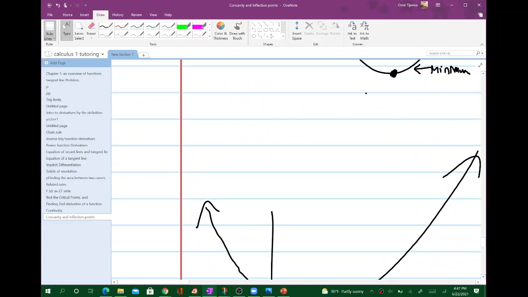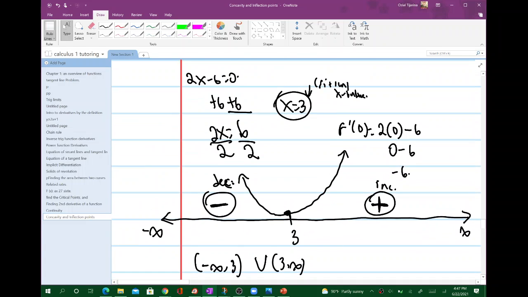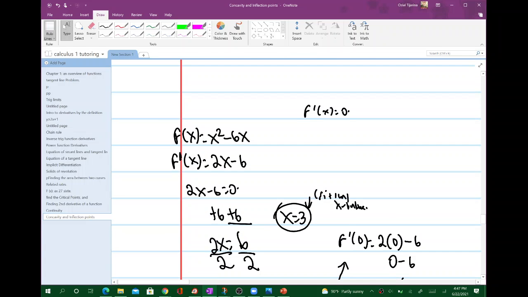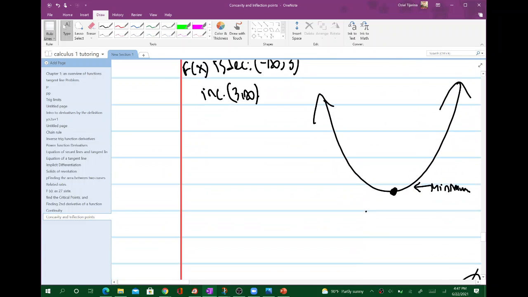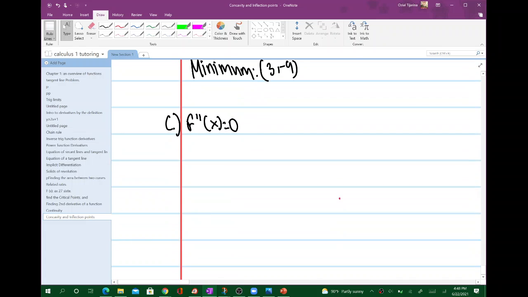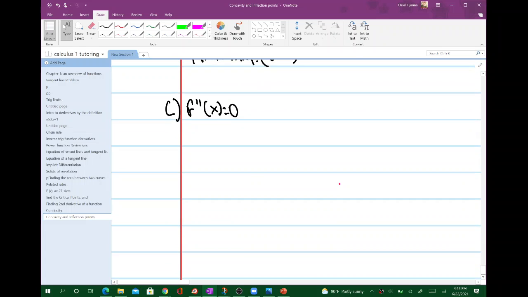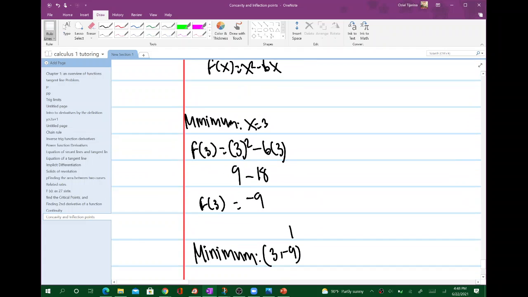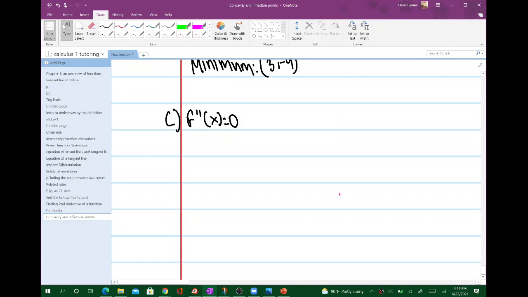Give me 1 second. We know that f double prime of x is 2, because we had said that f prime of x was 2x minus 6.